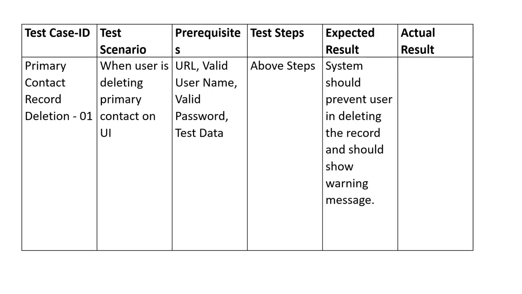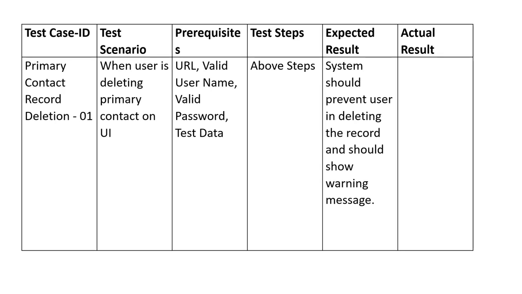Here is the standard format for writing test cases. You write test cases in an Excel sheet, or if you are using a tool for creating your test cases, these are usually the columns you give while specifying them.